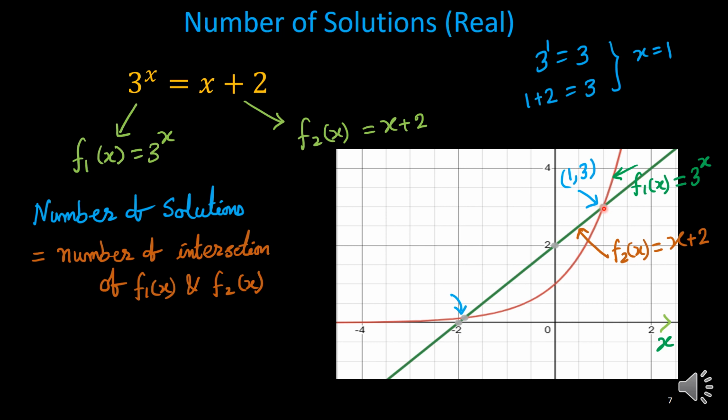They have a common point, so one solution is x equal to 1. That is very easy to find. But the next solution is very close to minus 2, and it is difficult to find the exact solution. But we can understand that it is going to cut again one more time here. So the number of solutions is 2. That was the problem. How many solutions will we get? We will get 2 real solutions for this problem.